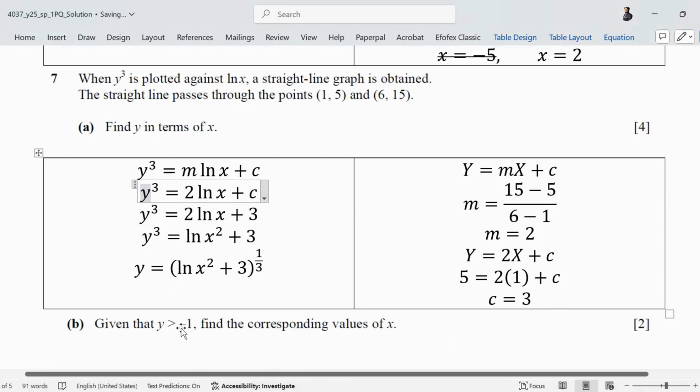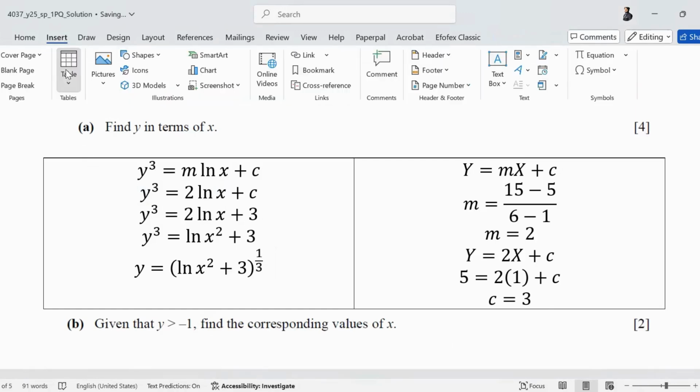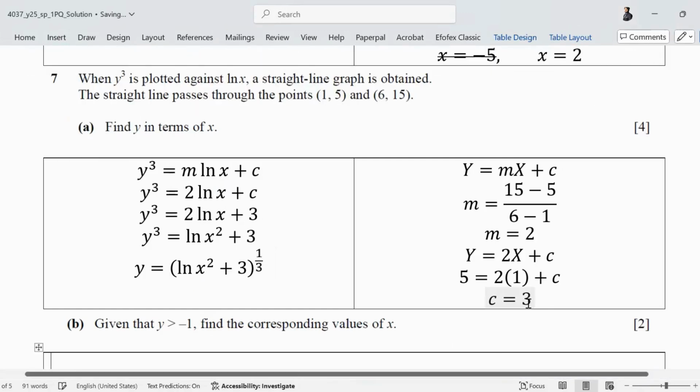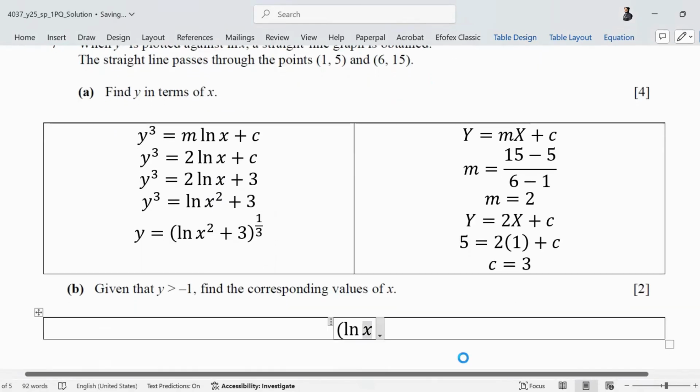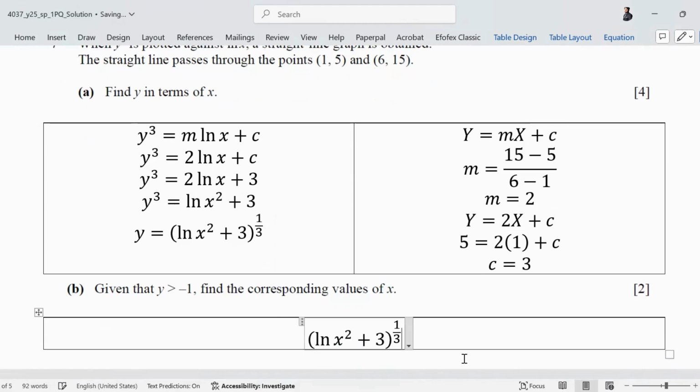So y has to be greater than, sorry, greater than -1. So I'll say that ln of x squared plus 3, to the power 1 over 3, will be greater than -1.